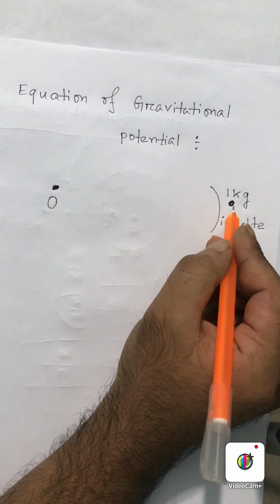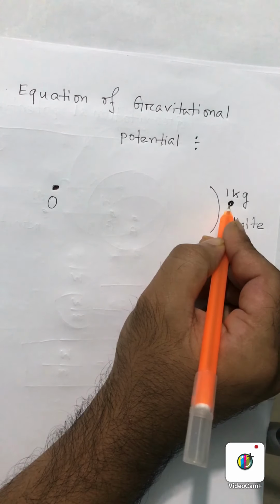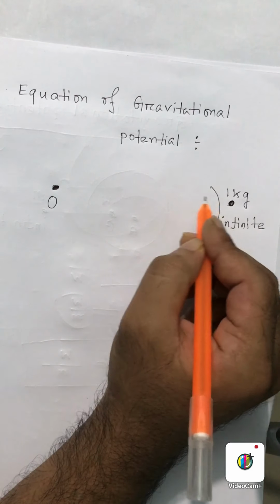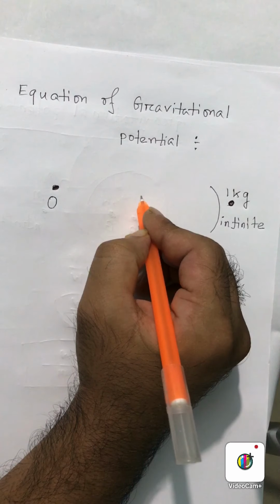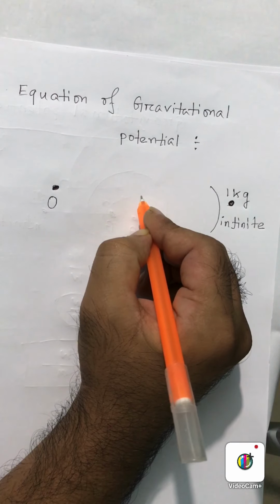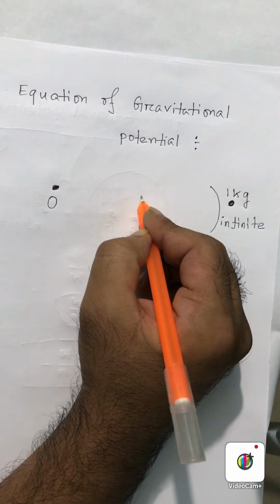Now if we bring this object from infinite distance to a point inside the gravitational field, the amount of work needed to bring 1 kg mass from infinite distance to a point inside the gravitational field is called gravitational potential.